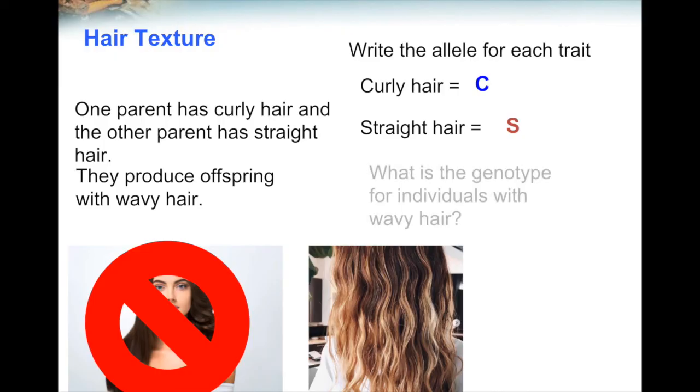Well, what about the genotype for people who have wavy hair? Remember, in order to get wavy hair, you have to have one parent that has curly hair and one parent that has straight hair. So you need these 2 letters for the genotype. The genotype would be CS.